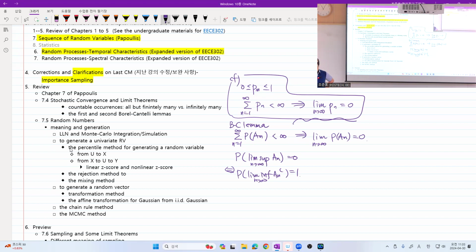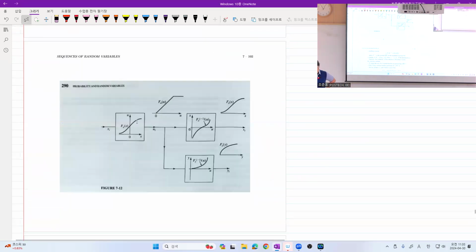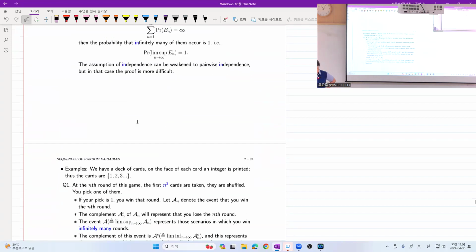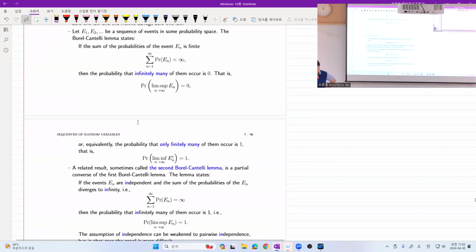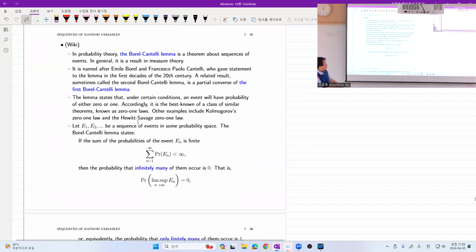So you see the similarity. Am I correct? Let me check it again. It's always confusing. Yes. So you have a sum of probabilities of events that is finite, and then not just the limit of the probability sequence, but the probability of the lim sup of the sequence equals 0.